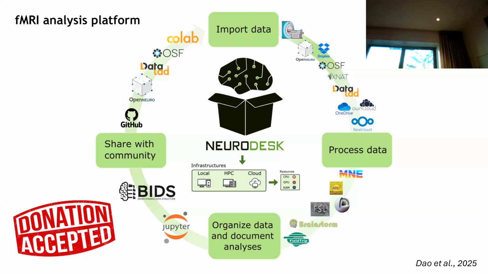So with NeuroDesk, you can import your data using OpenNeuro, OSF, DataLad, everything. You can process your data. I will show you. You can use all the software on this container. You can organize your data. It's mainly using Jupyter Notebook, which is a way of registering and storing your scripts, all the recipes.